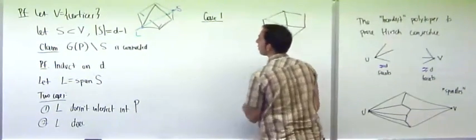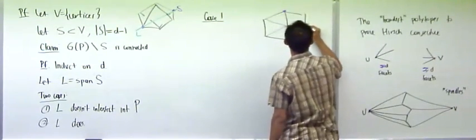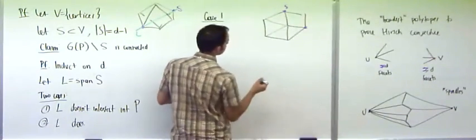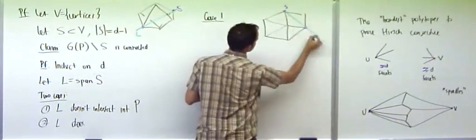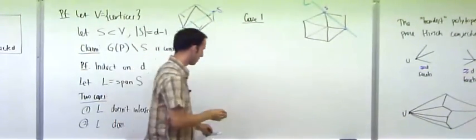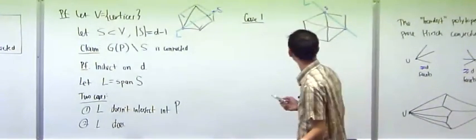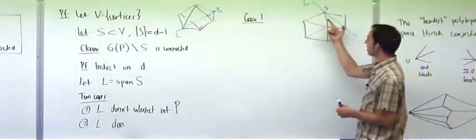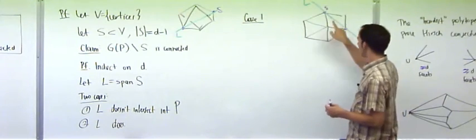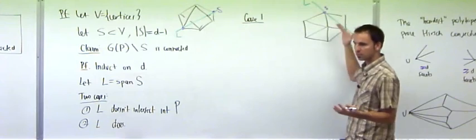Maybe S is here, and here's L, and you see that L doesn't really go inside the polytope, it stays on the boundary. So in that case, if you look at the intersection of L with the polytope, you're going to see that it is contained in some face of the polytope, because it's in the boundary.